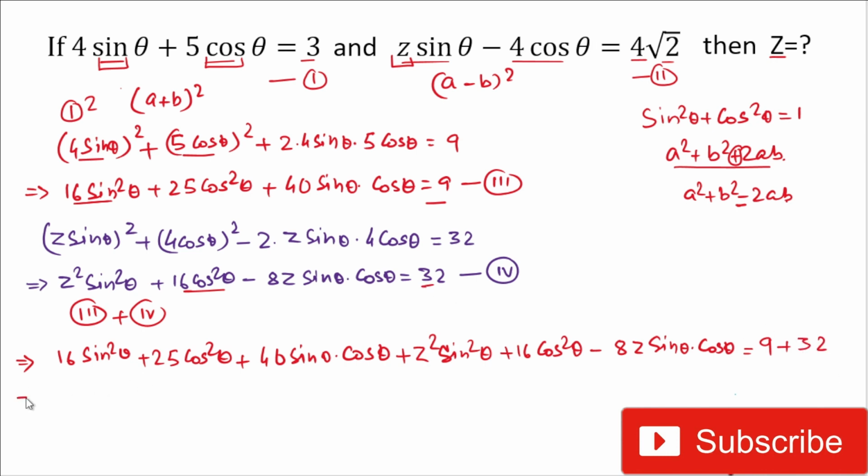Now we have 16 sine square theta and 16 cos square theta, so we can take 16 common, and the remaining will be sine square theta plus cos square theta, whose value is 1, so that gives 16.